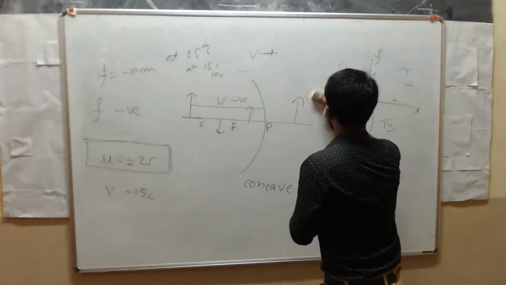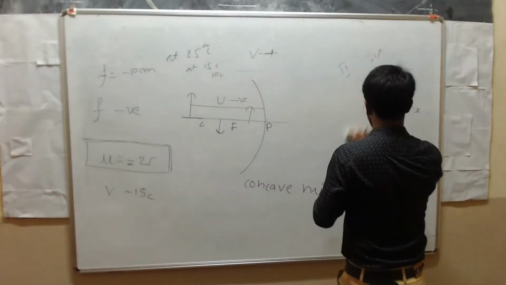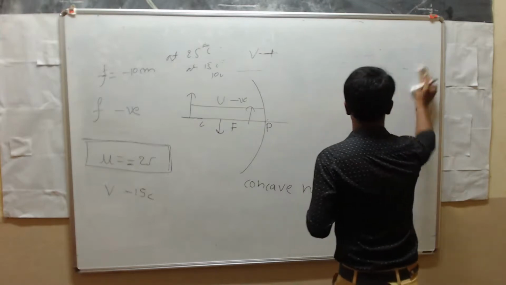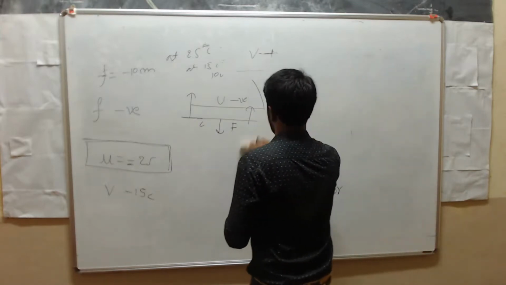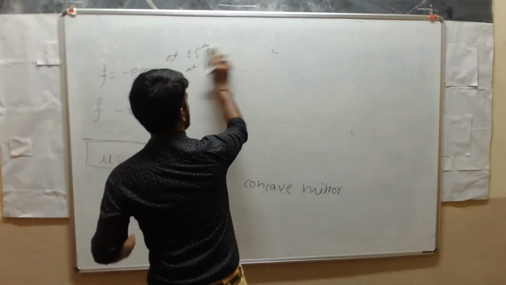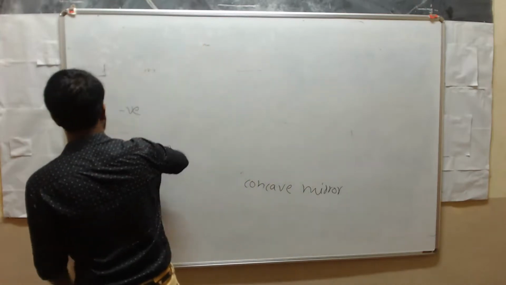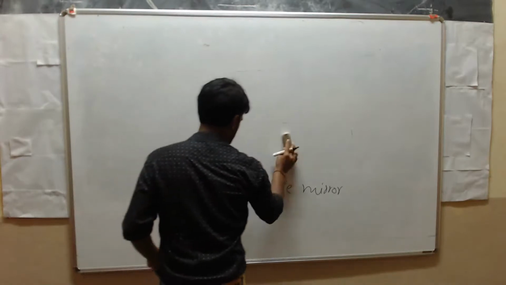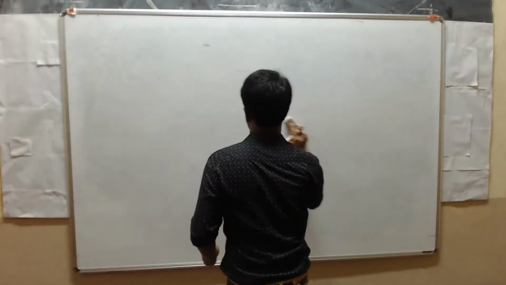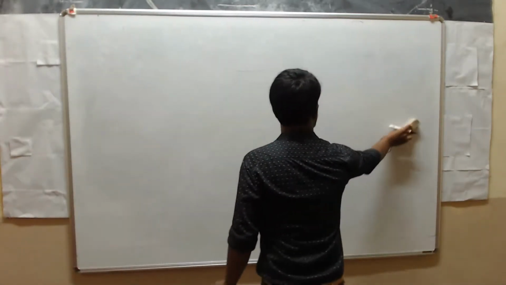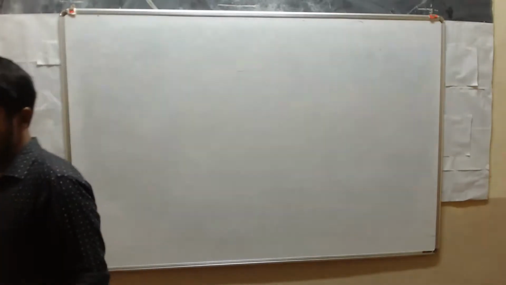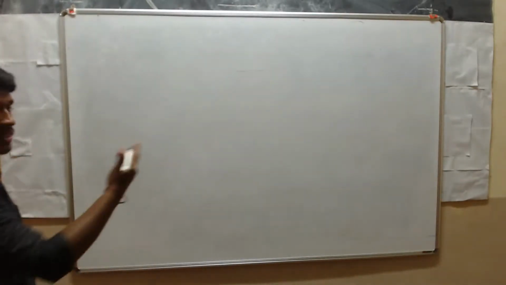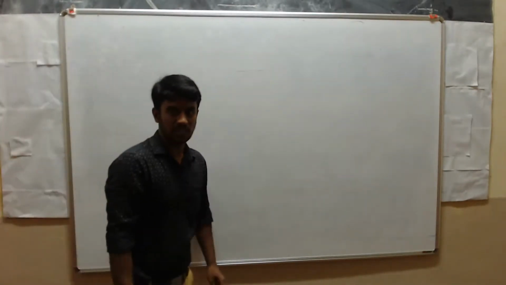So next we go to sign convention in convex mirror. See, here we will take this and just compare with your Cartesian coordinate system.